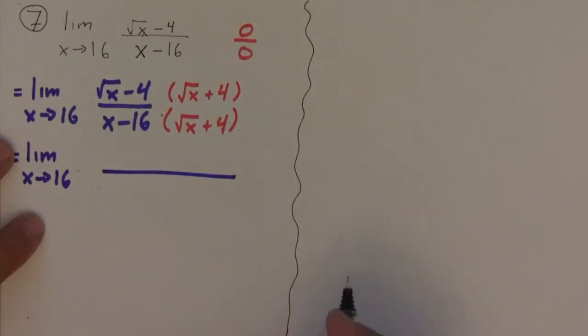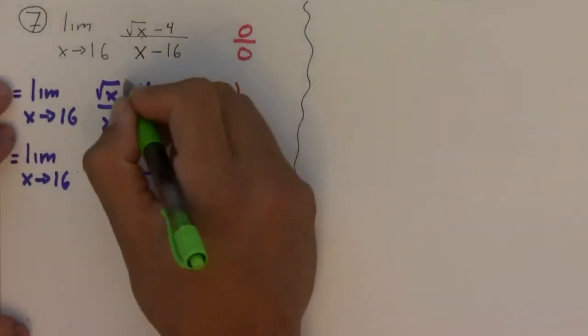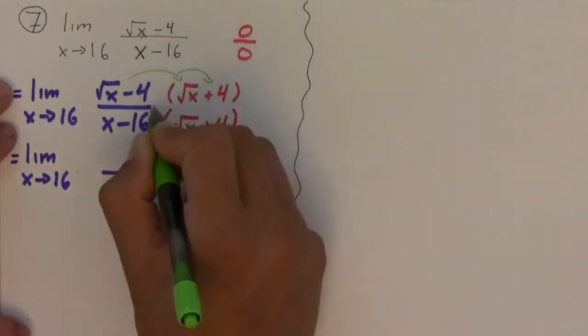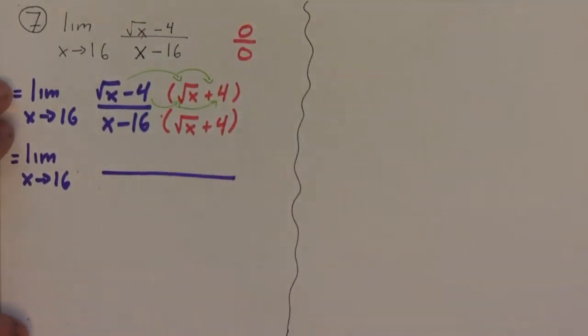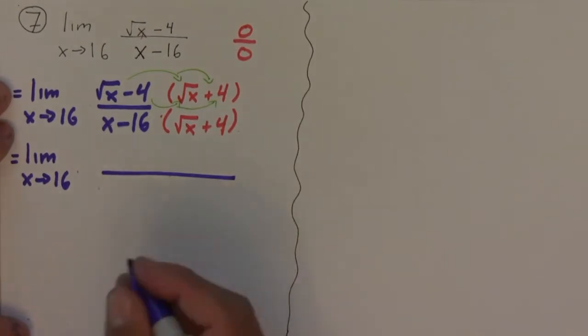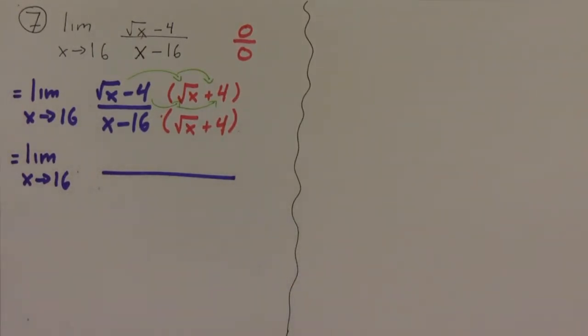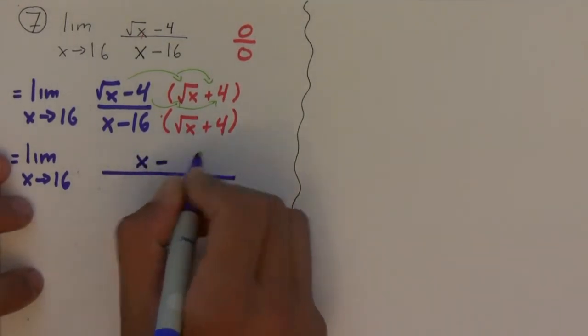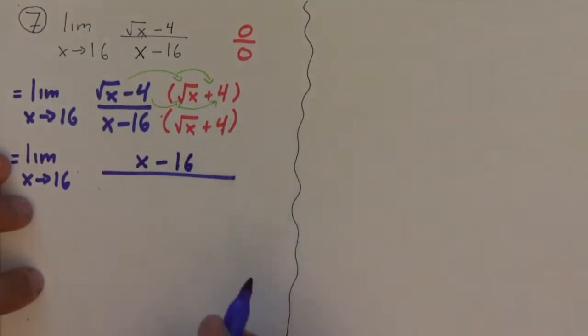Okay, so take a look here. If I FOIL on the numerator, which is where I have the square root, this is actually a difference of squares, and what I would get is, on the top, x minus 16.